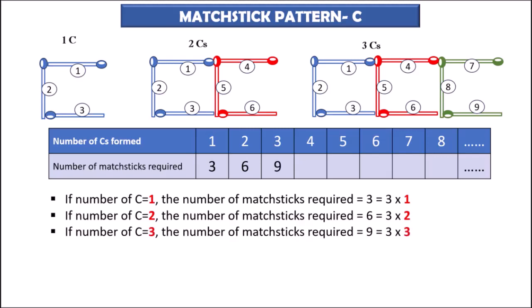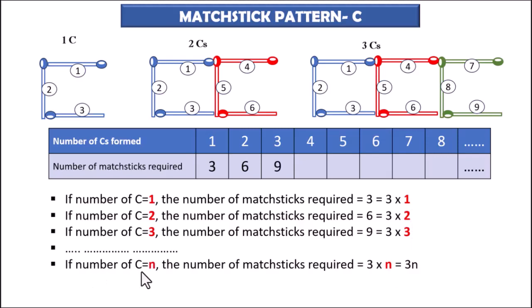If the number of C is 3, the number of matchsticks required will be 3 into 3, that is 9. So we see that as the number of C's 1, 2, 3 goes on increasing, the number of matchsticks required is also increasing in multiples of 3.